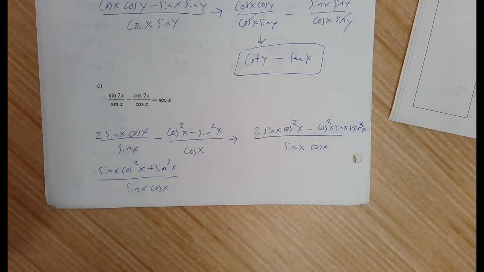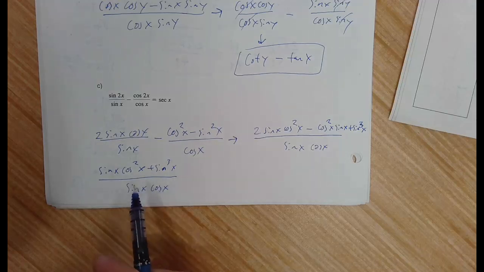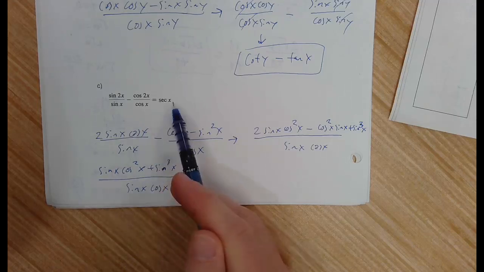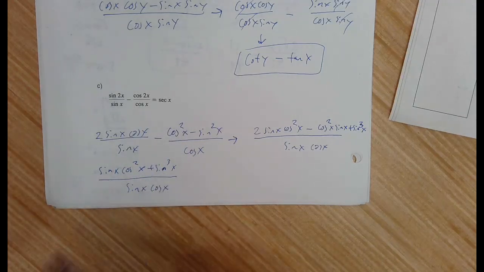Okay, let's take a look at the top. Something we want to look for is sine squared plus cosine squared. Somehow this has to become secant, and there's so much here, it's probably confusing. Well, how does this become secant x? One of the tricks that you'll see is whenever you see a sine squared plus cosine squared, that's just 1.